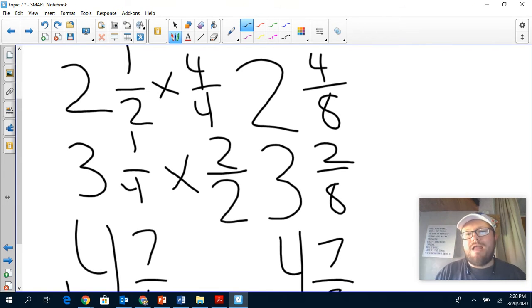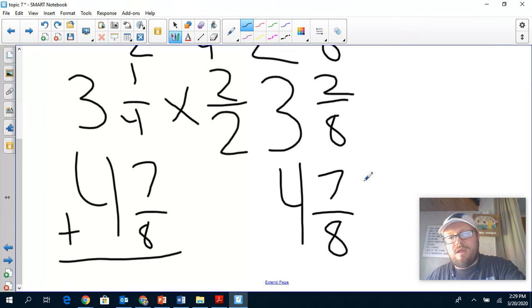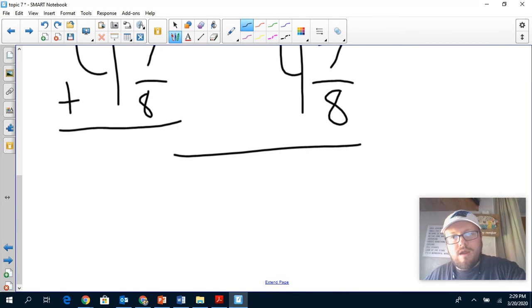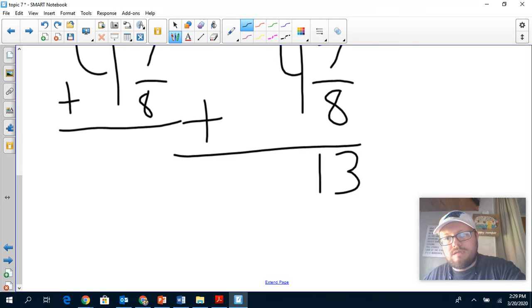Now that I have my denominators all changed and the same, now I'm ready to add. So I add my fractions first. 4 plus 2 plus 7, which is 6 and 7 is 13/8. I'm going to write down 13/8.